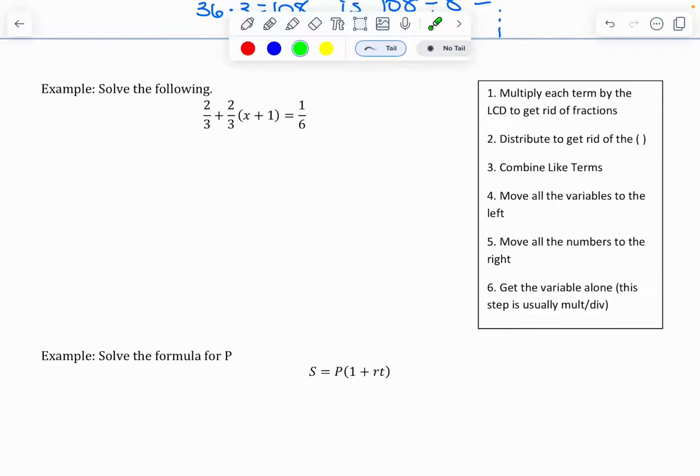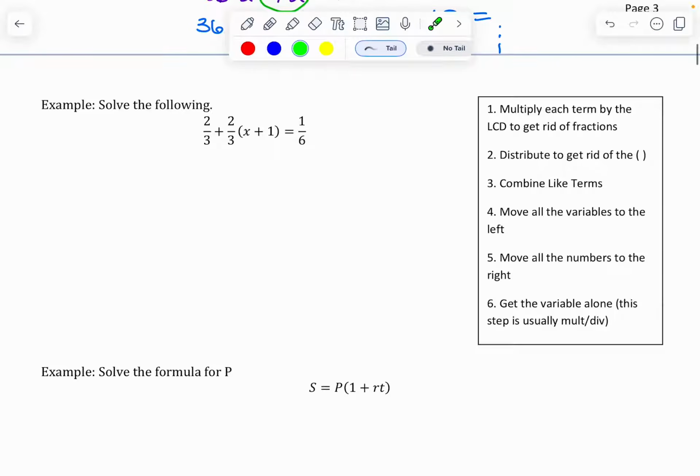So now we're getting into solving equations with fractions. Instead of working with the fractions, I'm going to multiply by the least common denominator to get rid of the fractions. So first, let's look at our denominators. We have a 3, a 3, and a 6.